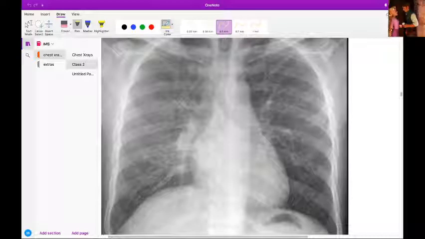It is kind of nodular actually. Diffuse nodular opacities.